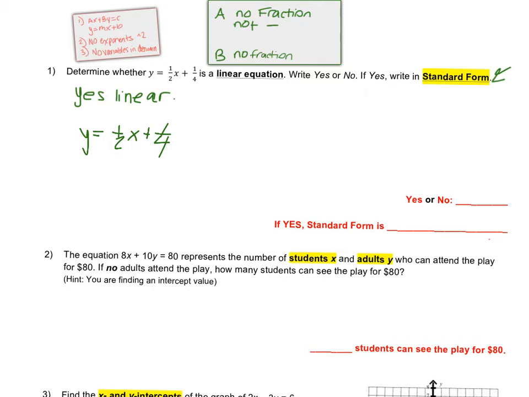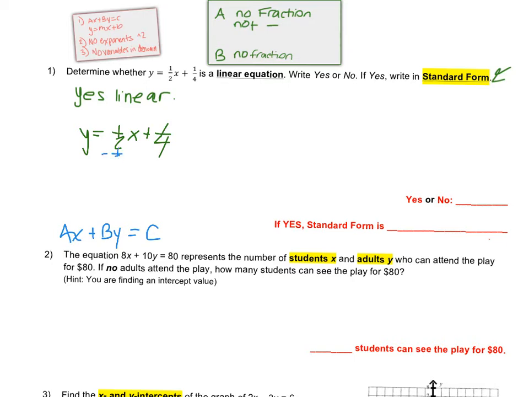The first thing that I'm going to do is bring over the 1/2 x to the left so that I have ax and by on the same side of the equation. There's more than one way to do this. You could immediately get rid of the fractions by destroying the denominator like we talked about at the very beginning of the year. More than one way to do it. I'm just going to show you this one way.